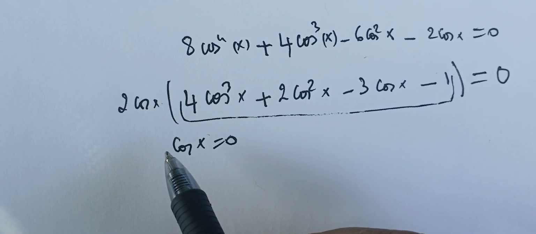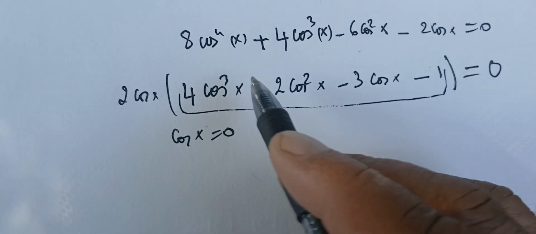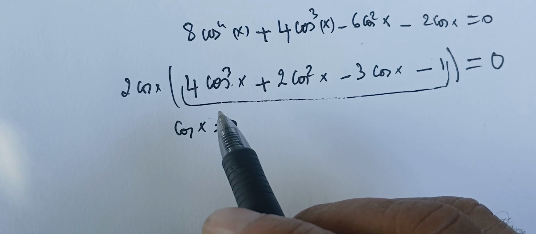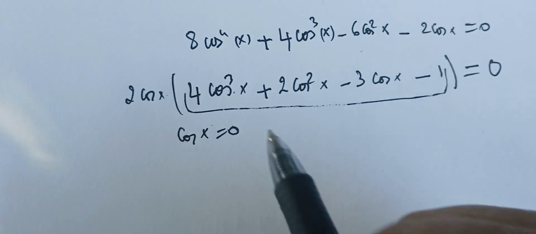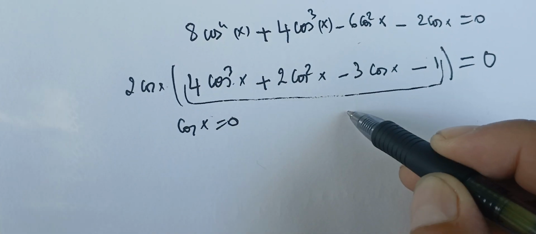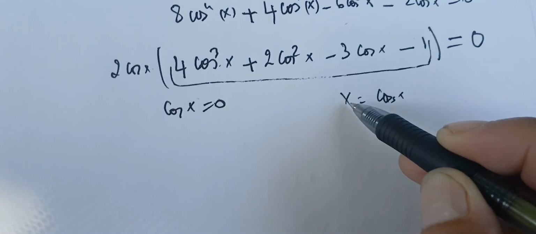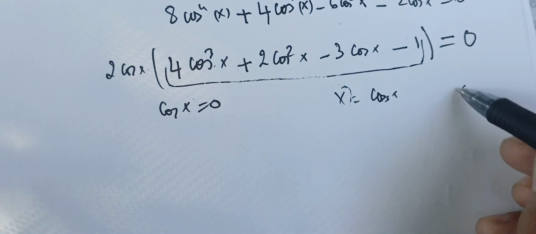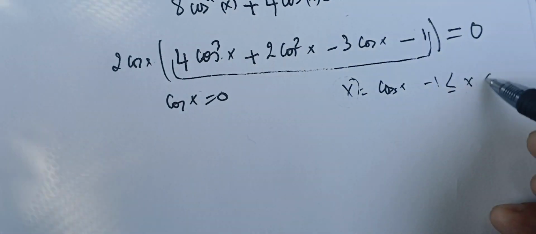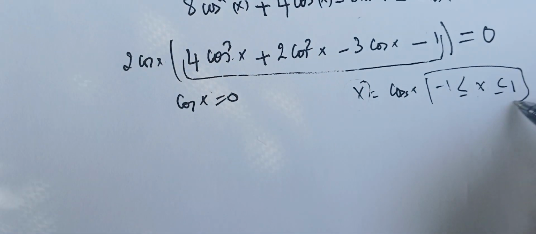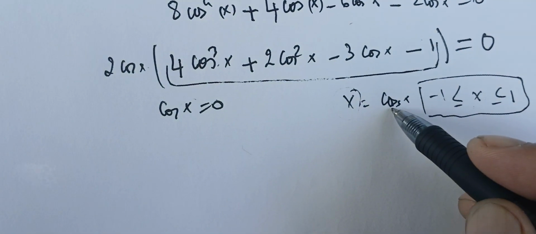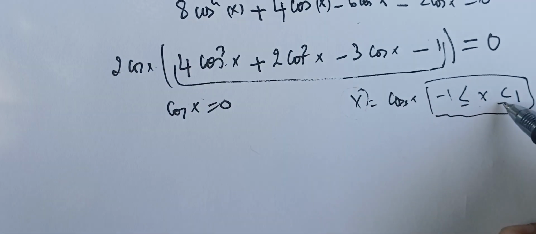So I'm going to change this equation a bit. I'm going to let big X be the cosine of x. In our case, big X will be between -1 and 1, because the values of the cosine are always between -1 and 1.